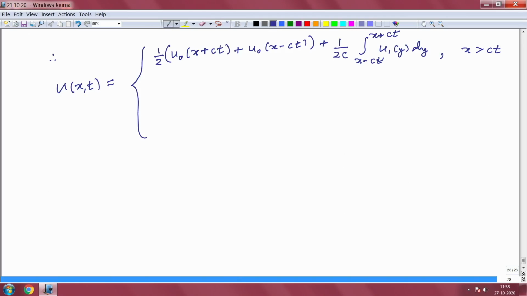Okay. So, when x is less than ct, we obtain this one. So, there is a boundary term coming. So, let me write that separately, plus half u_0(ct plus x) minus u_0(ct minus x), that is plus 1 by 2c.